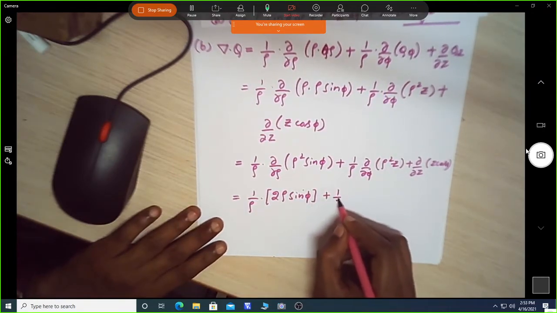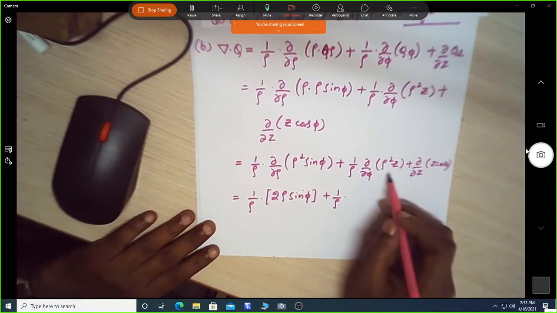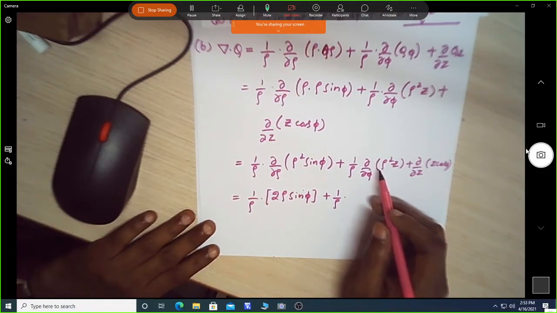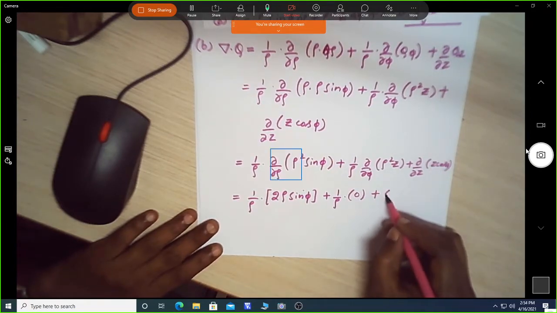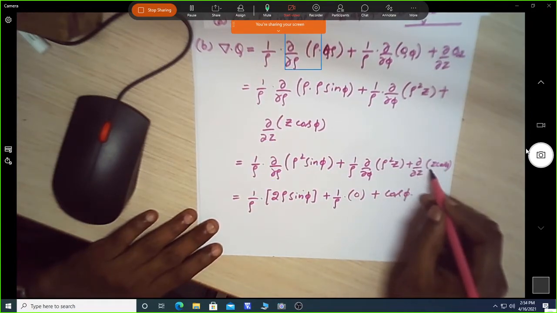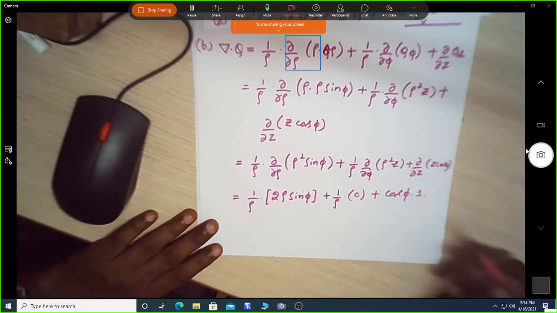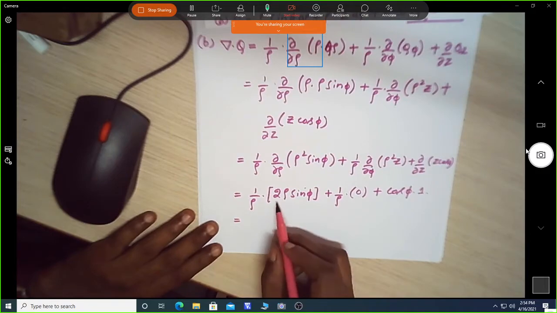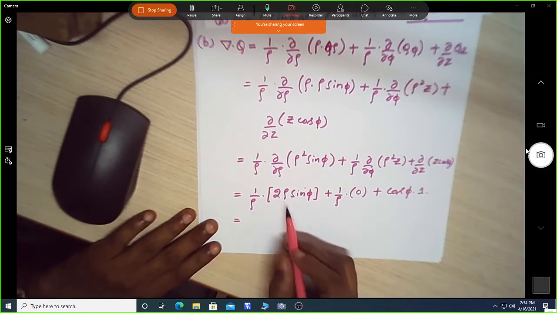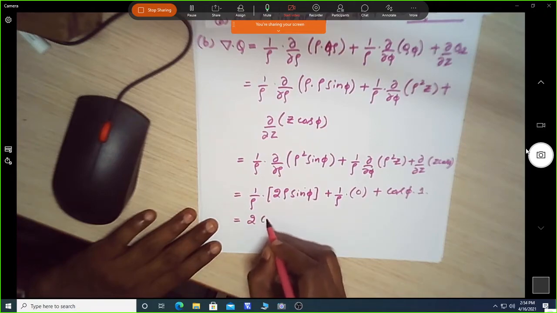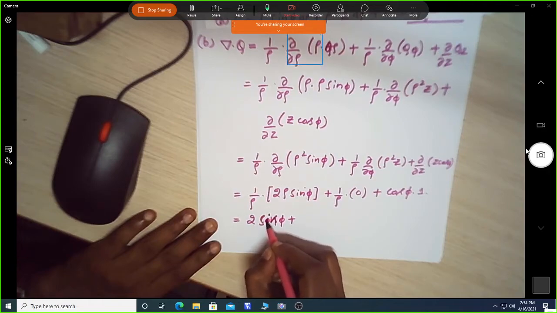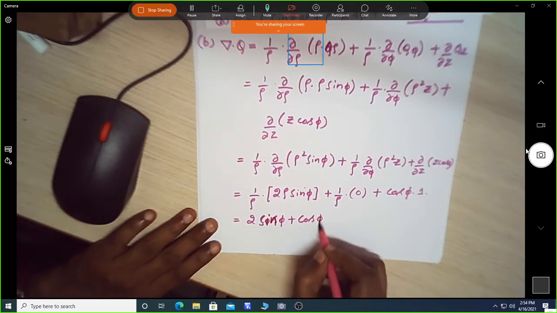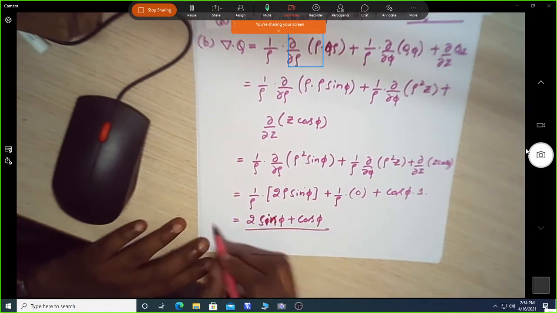Plus 1 by rho into, with respect to phi, it will become 0, is it not, because there is no phi involved here. Plus the z component, where cos phi is constant, so del by del z of z is equal to 1. Now if you put in the 1 by rho, the rho gets cancelled, so you will get 2 sin phi plus cos phi. So this is the del dot q.